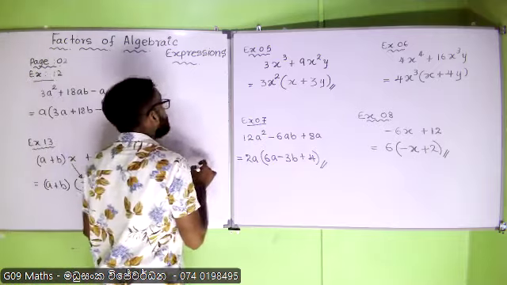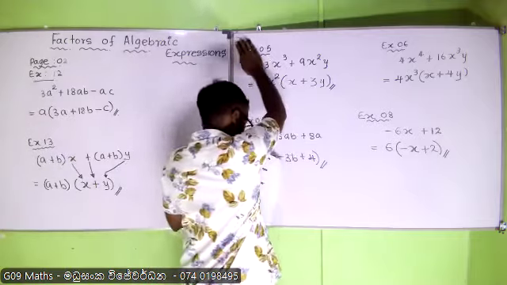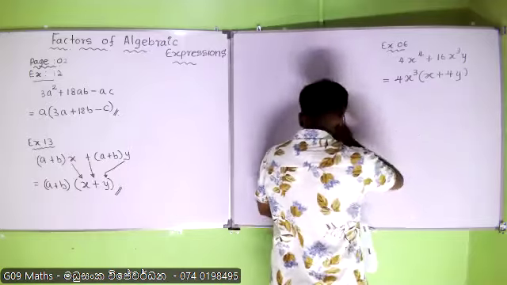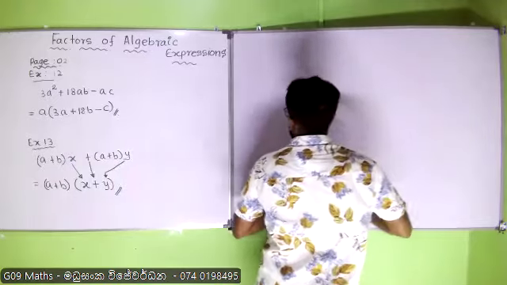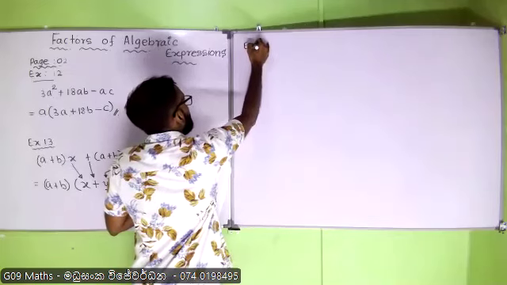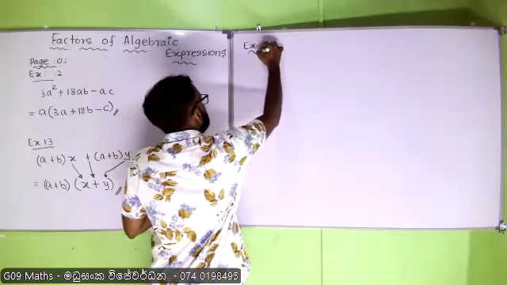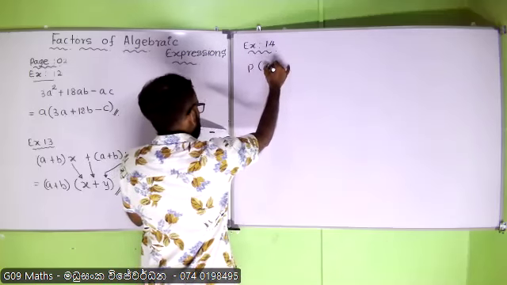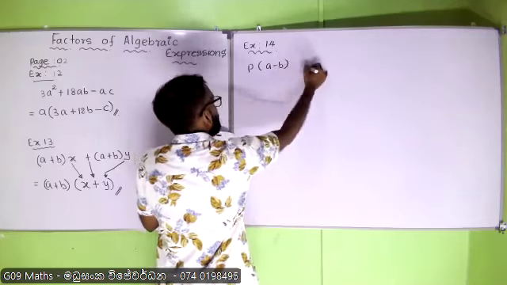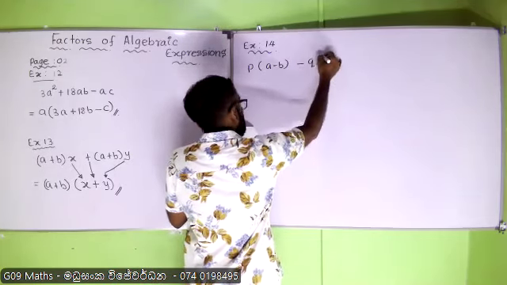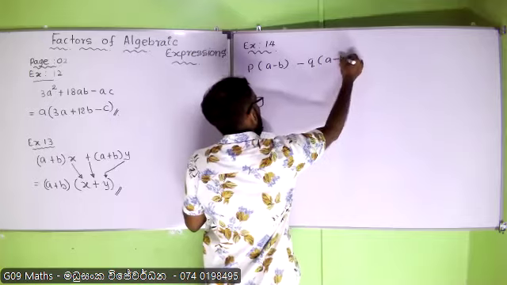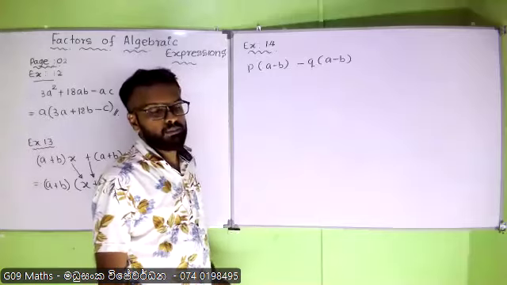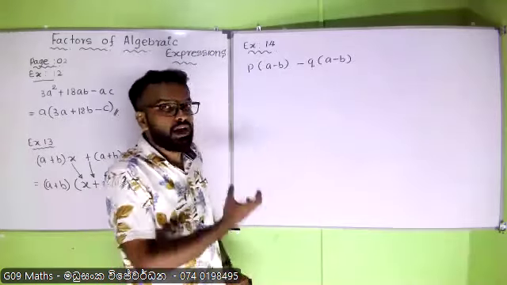Example number 14. P multiplied by A minus B, minus Q multiplied by A minus B. Now, you need to calibrate your eyes to see the common term, like orange, apple.